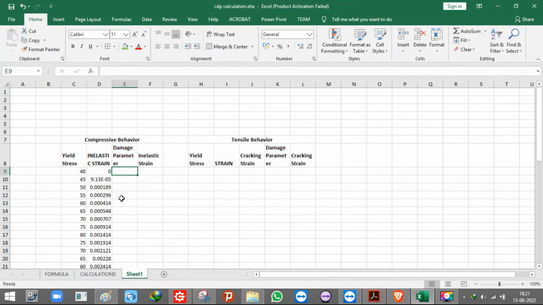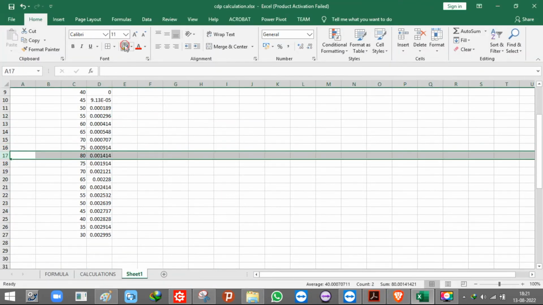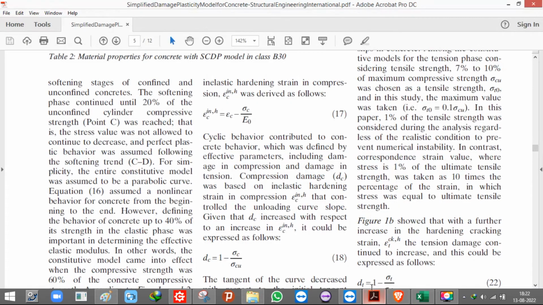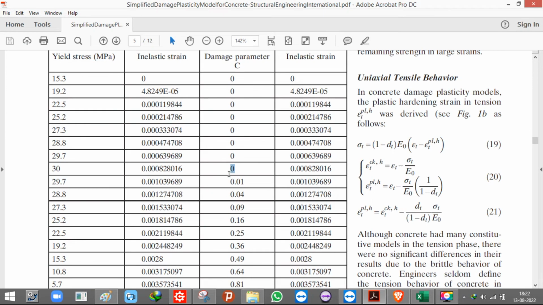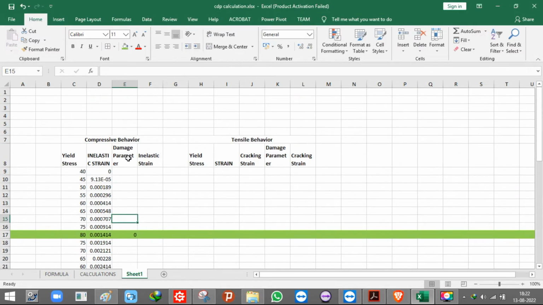So what is the ultimate point we have? We have the ultimate point 80. So up to this it will be entering 0, 0, 0. That implies the damage has not occurred till the stress has reached the ultimate point.